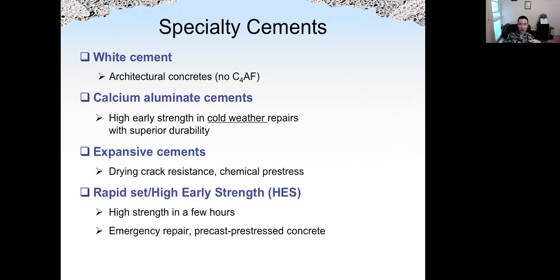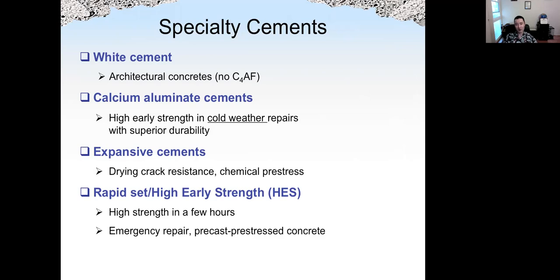Calcium aluminate cement is a totally different set of cement from Portland cement. The chemical reaction is different, but this cement can only be used in cold weather. The strength is very high, but under warm weather, such as here in Hawaii, the concrete will shrink and crack, so we cannot use it here.